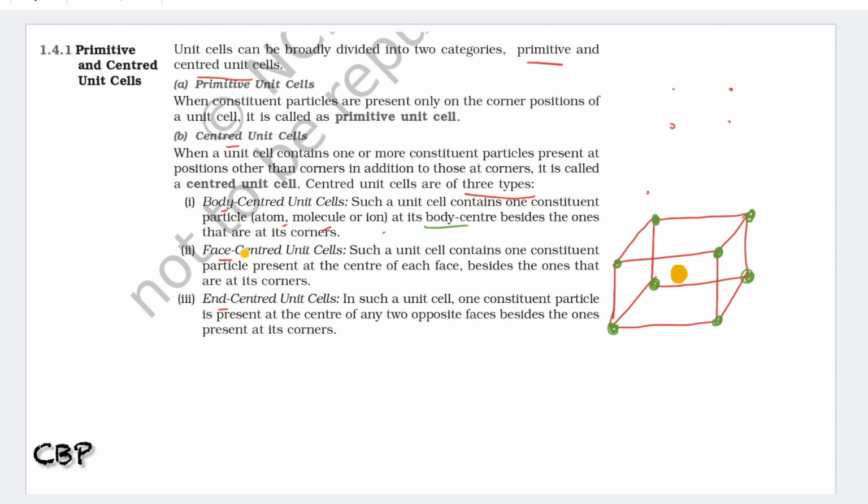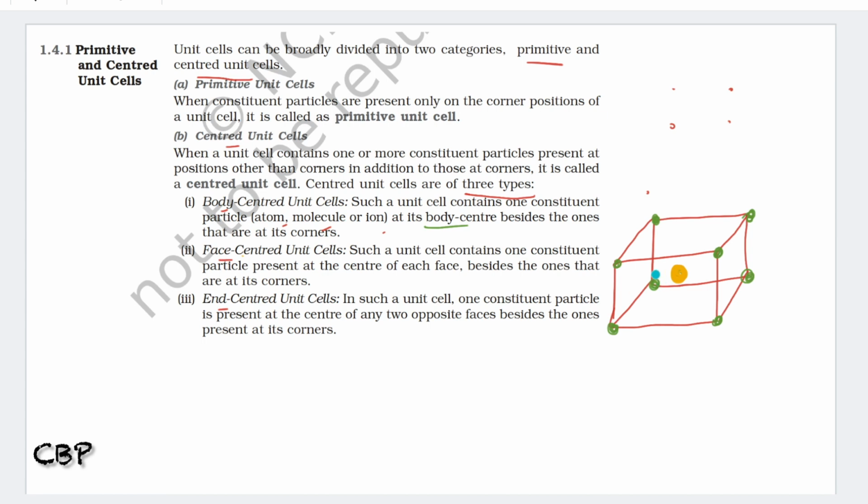Now the second one is the face centered unit cell. Such a unit cell contains one constituent particle present at the center of each face, besides the ones that are at its corners. Means in addition to the corners, in this face centered unit cell each face consists of one atom.